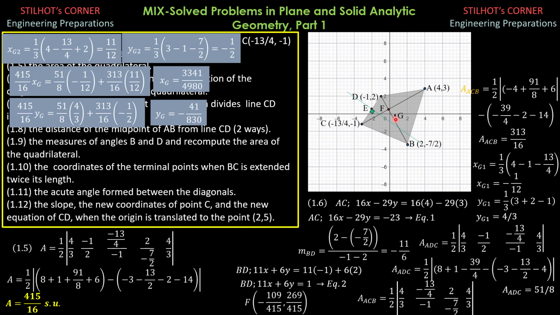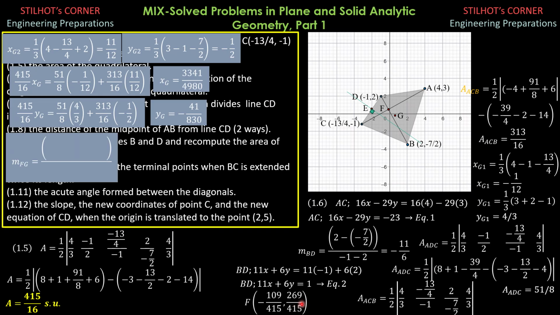Most probably that's the location of G. Then finally, the slope of FG would be YF, 269 over 415, minus YG, negative 41 over 830, divided by negative 109 over 415 minus XG, 3341 over 4980.